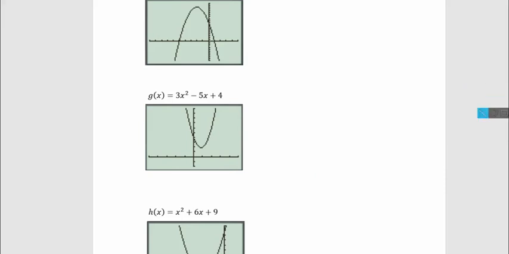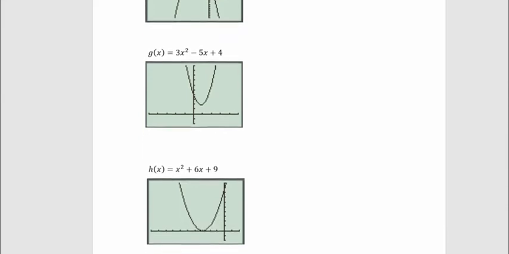Now scrolling down to the last one. This particular one, as we saw in a previous video, had one x-intercept at -3, the point (-3, 0).